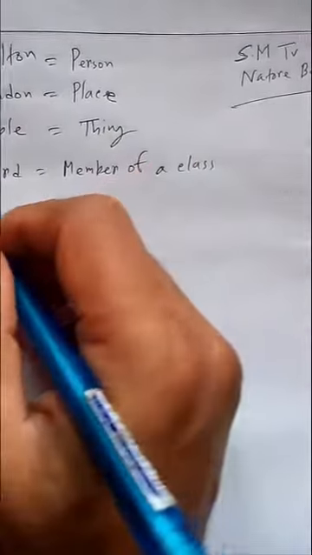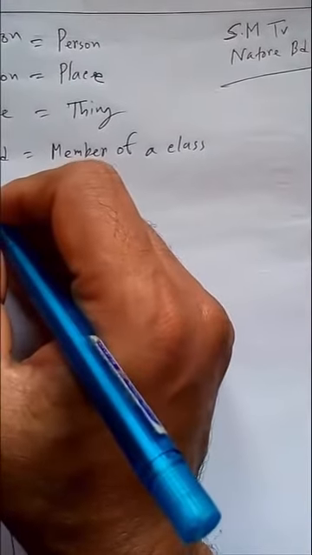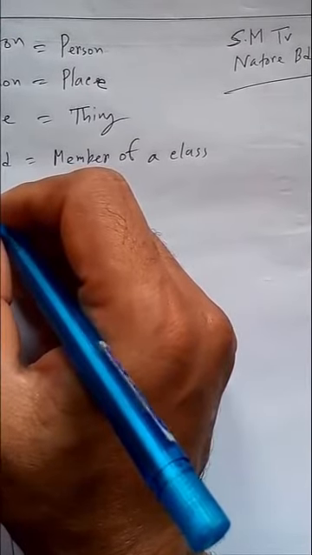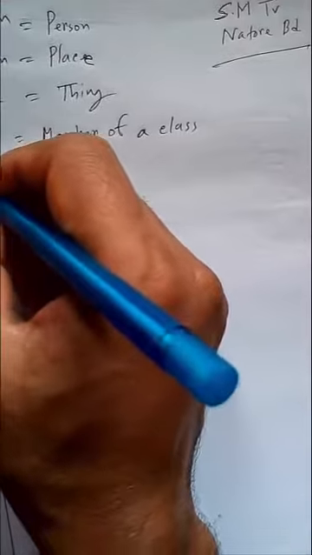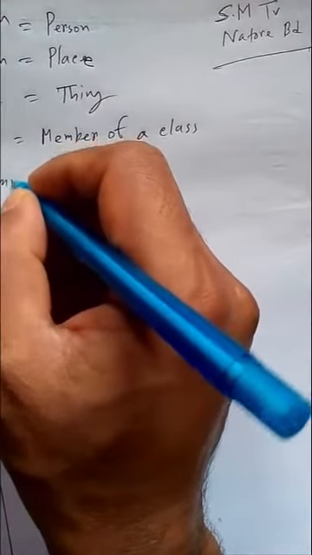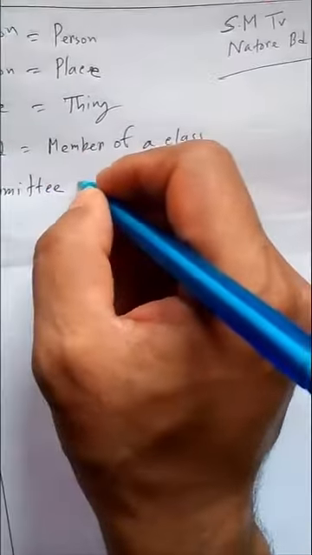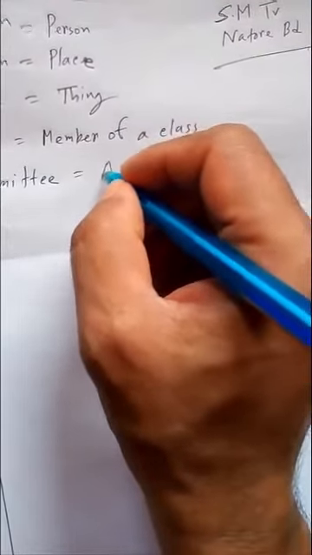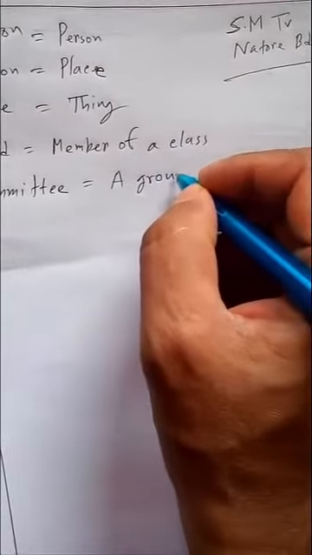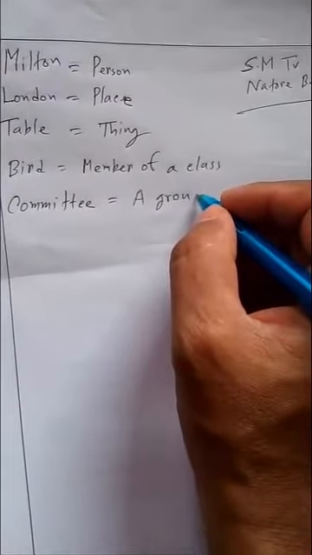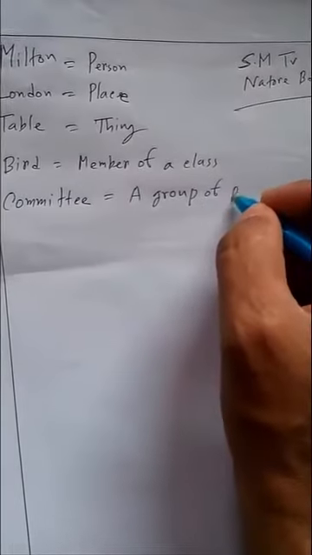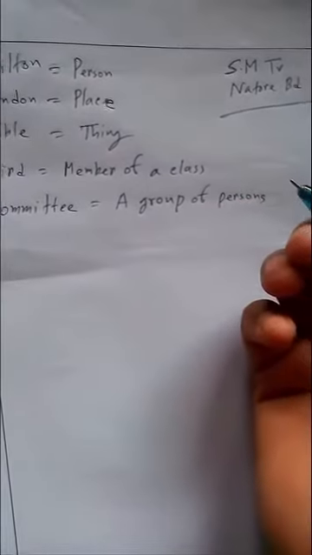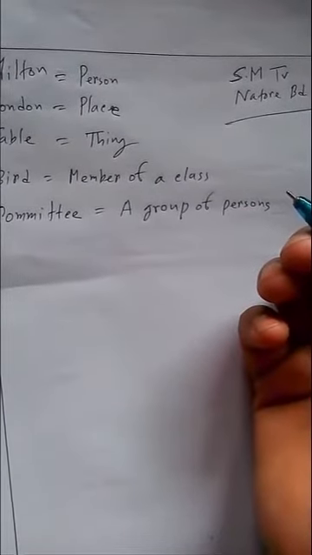Group of persons, for example, committee. A group of persons. It may be animals, for example, flock.